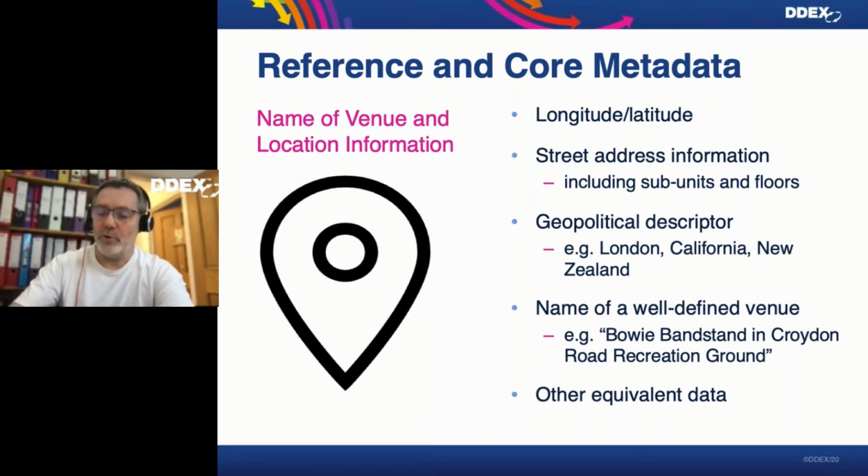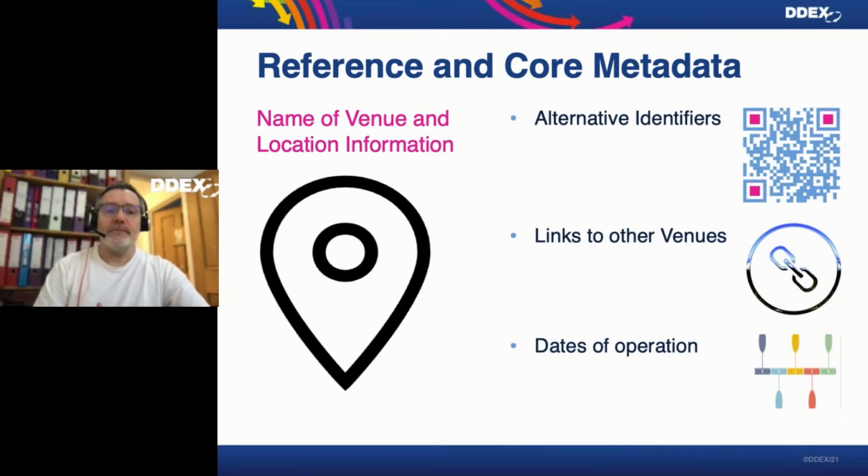Fortunately, we know a lot about these things by working through some of the examples. In addition to just having the location and the name of a venue, we also then need to have alternative identifiers. Some organizations already have identifiers for venues, and we certainly need to link to them or be able to store them.